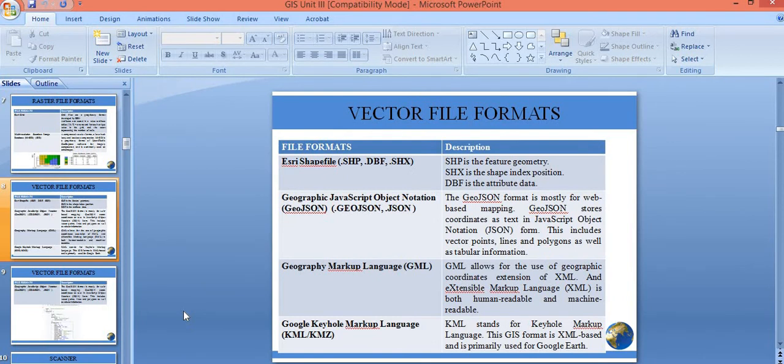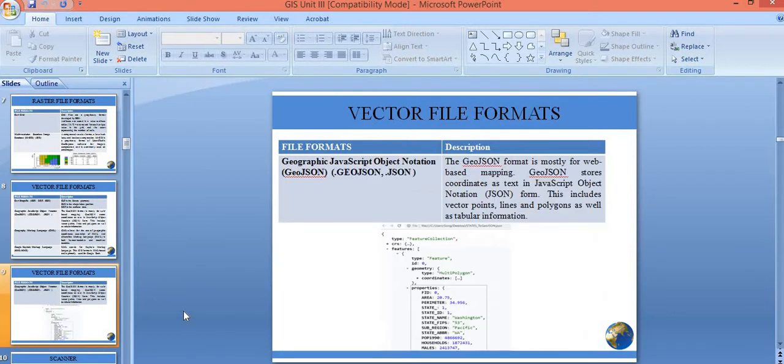If you take vector file formats, the shape format is a very popular one. SHP format, shape format. In addition, you also have the JSON format, GeoJSON format, and GML format. Okay, fine.